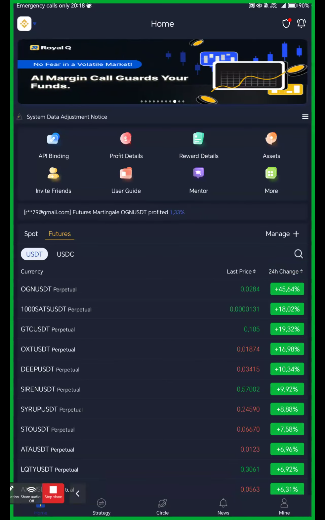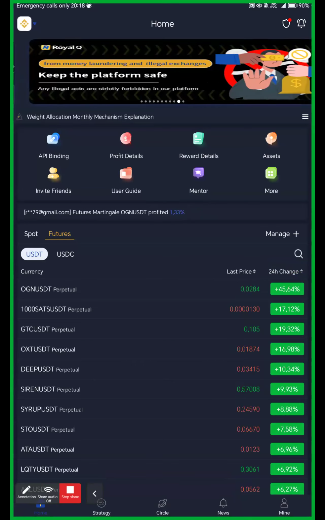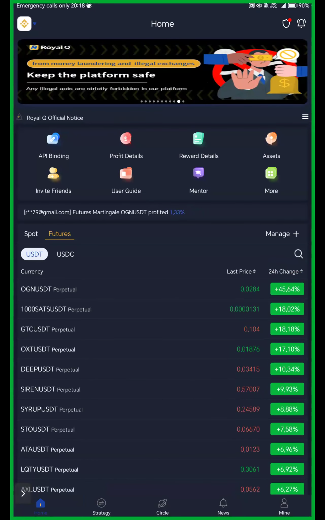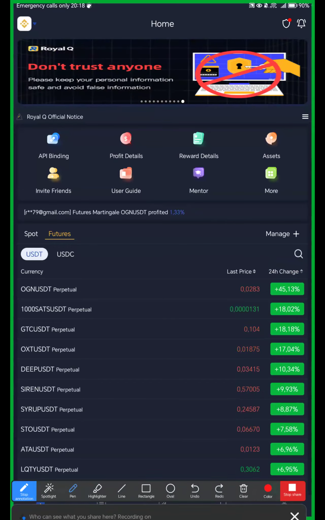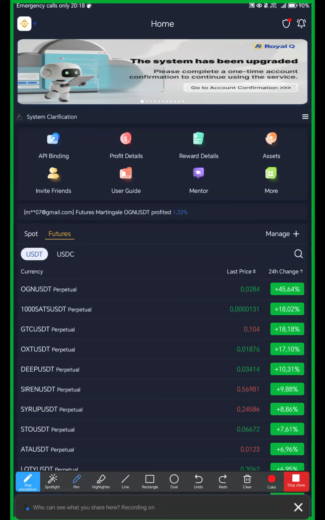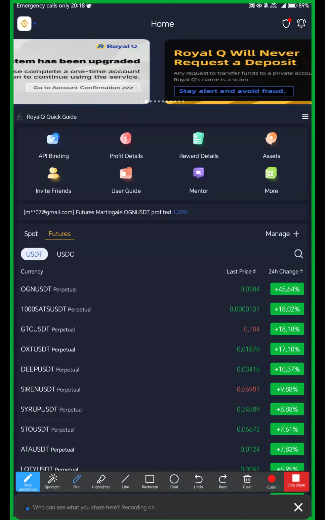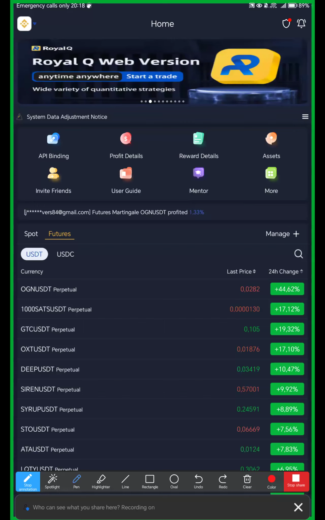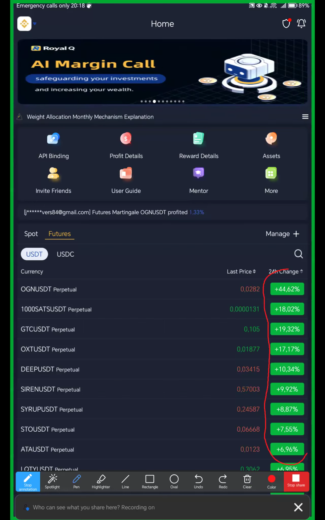Coins that are performing well, or have even overperformed, are showing positive in green, with an indication of a plus.